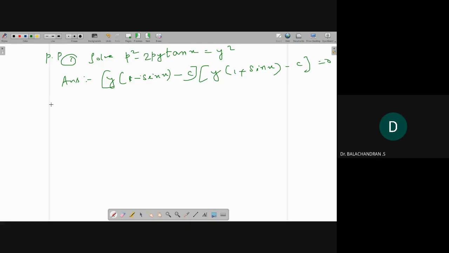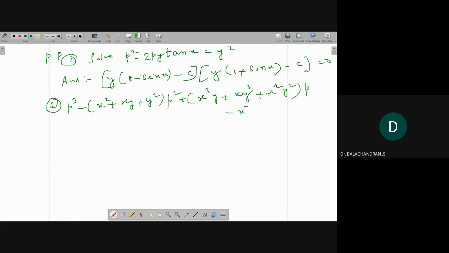Second problem: pq minus x square plus xy plus y square into p square, so x cube into y, x into y cube plus x square into y square p, this is x square minus x cube into y cube equal to 0.